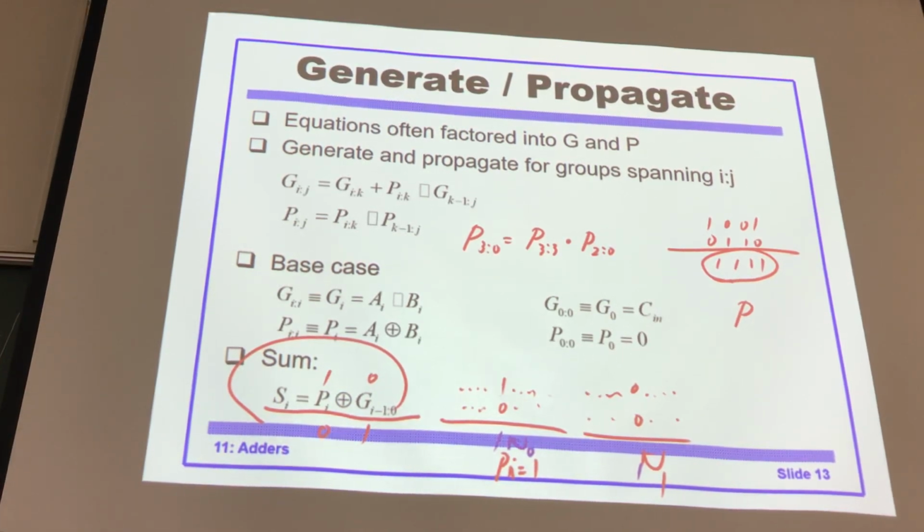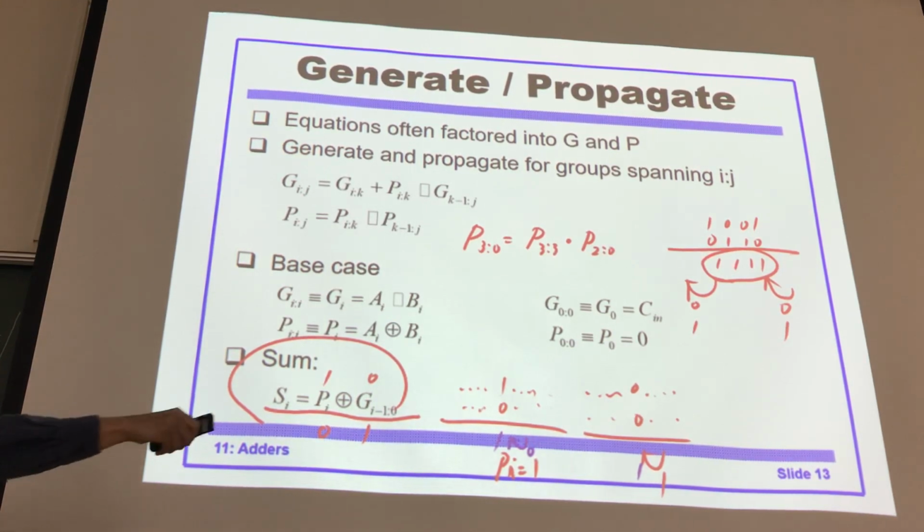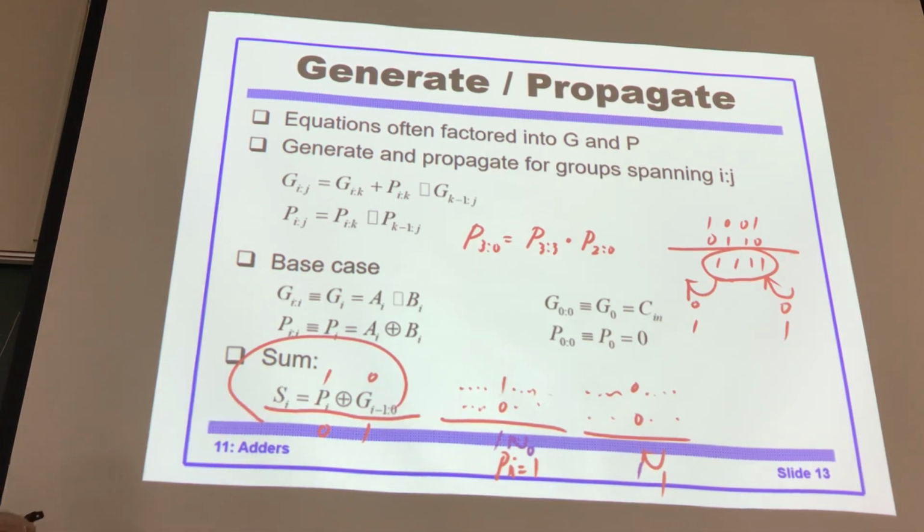Because for this 4-bit group, if there's carry in, then you get carry out. 0 here, 0 here, 1 here, 1 here. The group carry propagate. Alright?